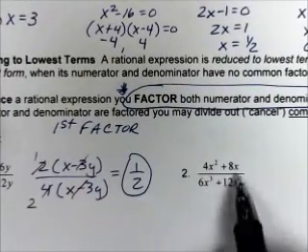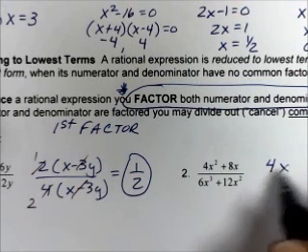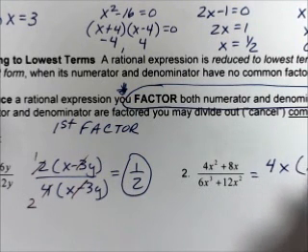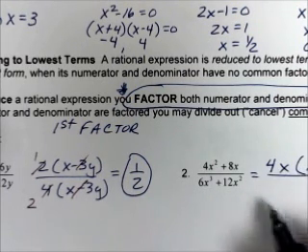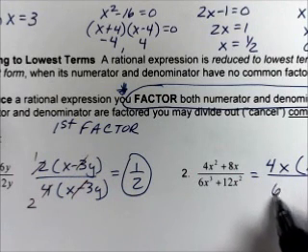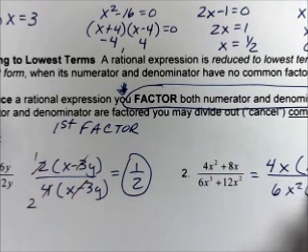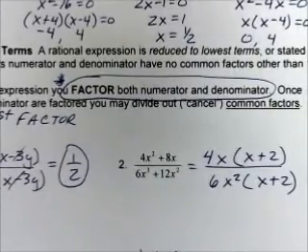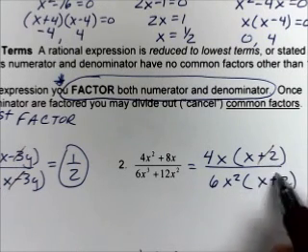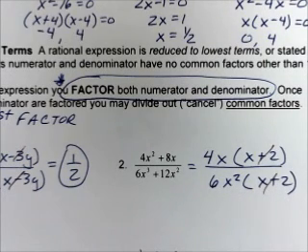Number 2, GCF of 4x in the numerator, x plus 2. Denominator, GCF of 6x squared, x plus 2. The x plus 2's are common to both numerator and denominator, so they divide out.